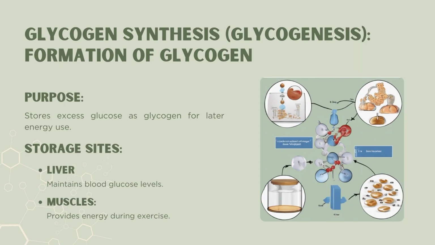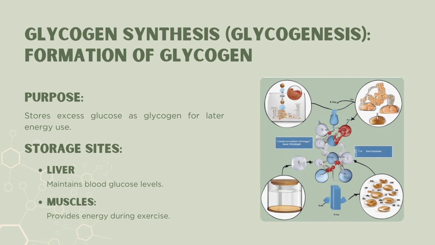Glycogen synthesis. This is known as glycogenesis. Here we'll discuss the process of formation of glycogen from glucose. In glycogen synthesis, glucose is converted into glycogen for it to be stored, where it is stored in the liver and muscle cells.